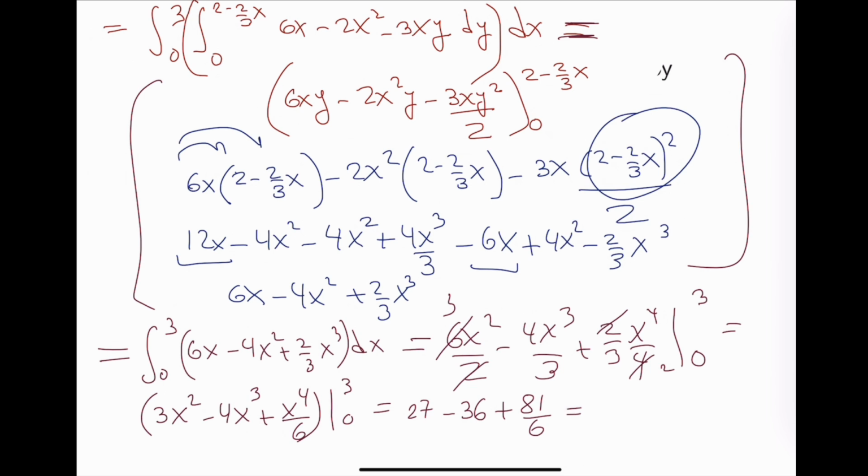And so we get that this is 27 minus 36 is minus 9, plus simplifying here, this is 27 over 2, and this is 9 times 2 is 18. 27 minus 18 is 9 over 2. So then this is the result, 9/2 of the whole integral that we set up to calculate.